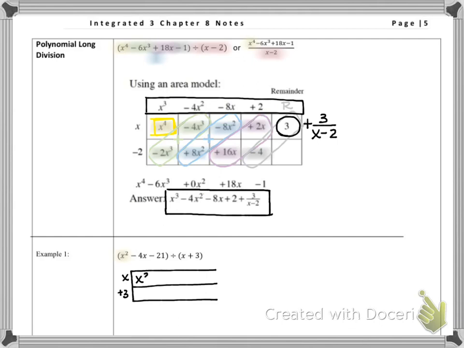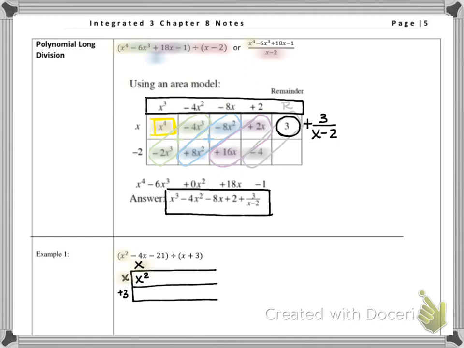From here, I have to do all of the work to get everything else. So I would ask myself, x times what gives me x squared? Well, the thing that does it is x. Now that it's up there, I can now figure out what goes down in the bottom box.